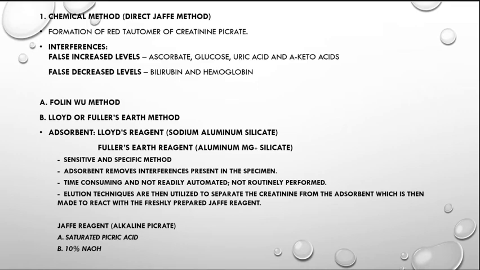The Folin-Wu method is sensitive but non-specific. Next, we have your Lloyd's or Fuller's Earth method. We have your adsorbent, which removes the interferences present in the specimen. We can use either Lloyd's reagent or Fuller's Earth reagent.